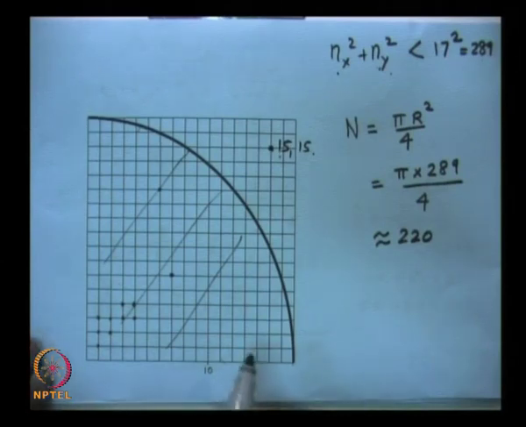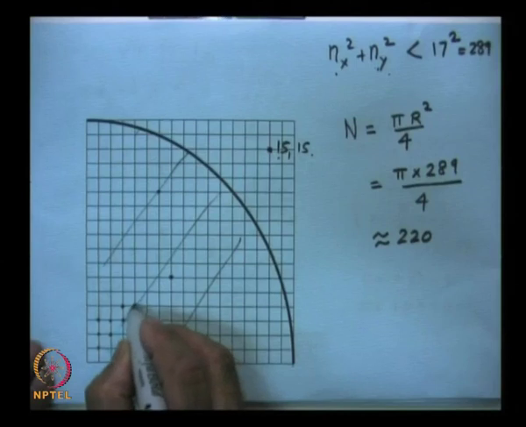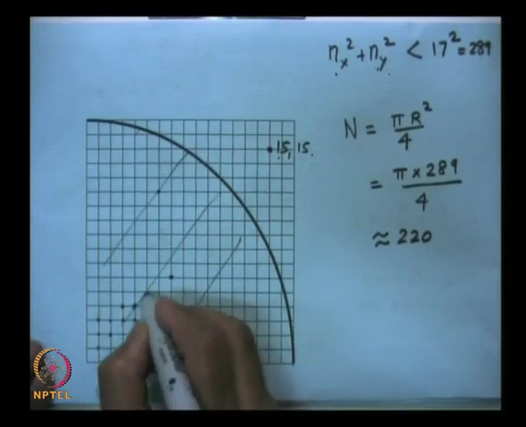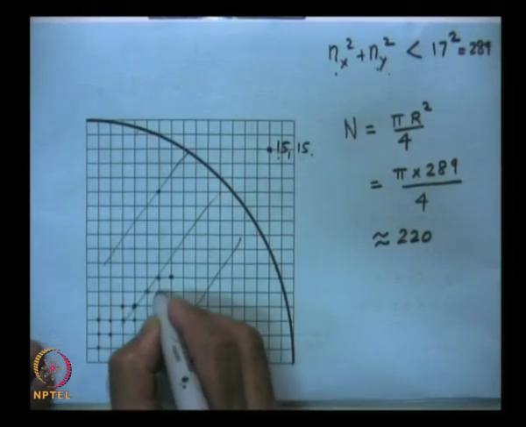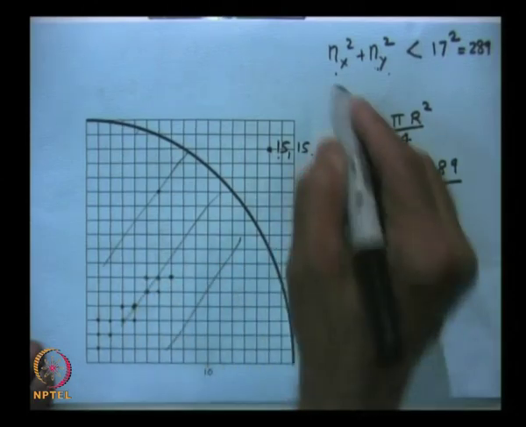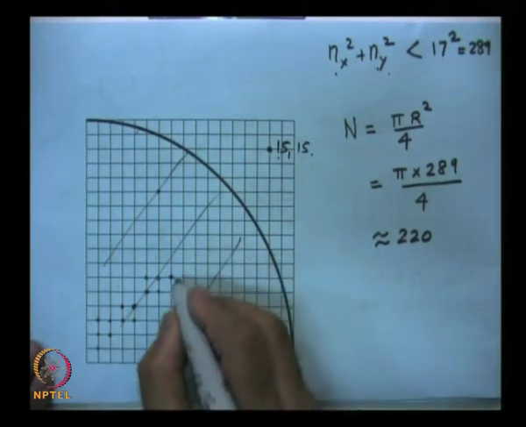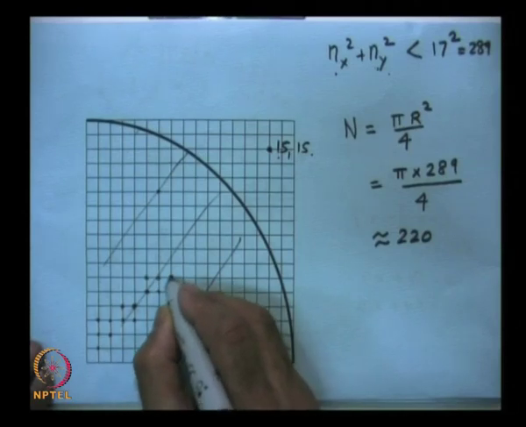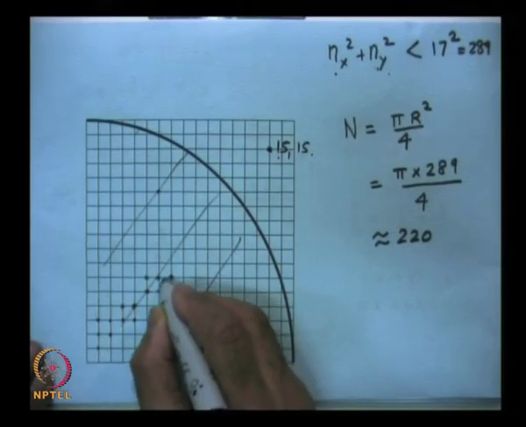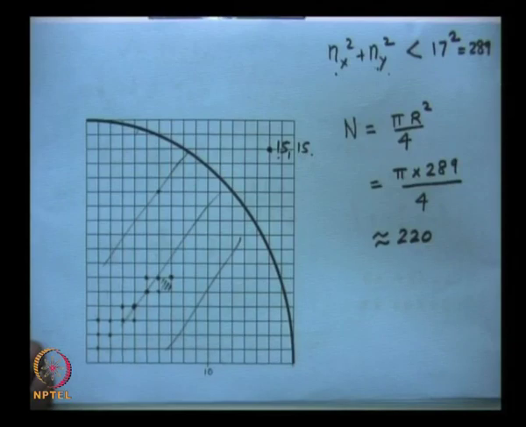So, therefore, each corner, each point on this grid, corresponds to an eigenstate, to an integer value of nx and ny, and each point is associated with a unit area.